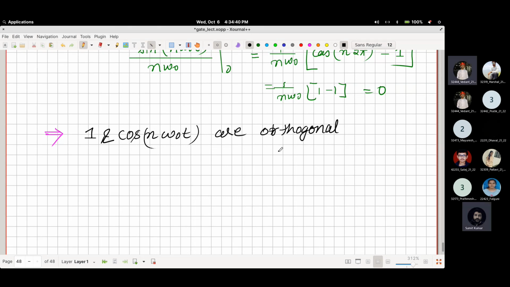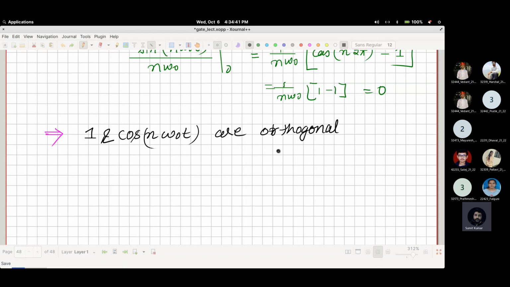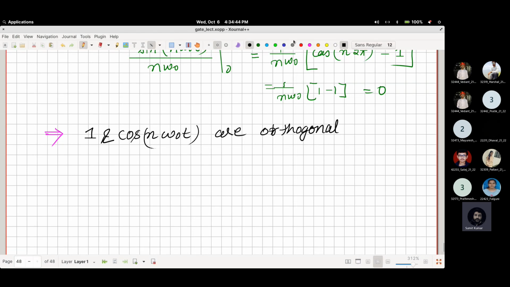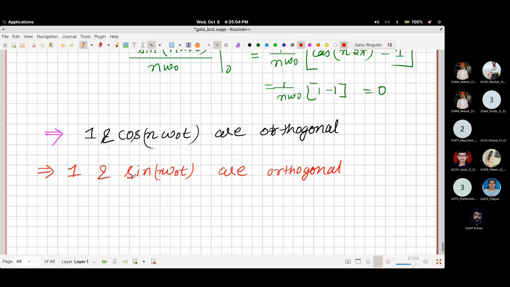Okay. Similarly, you can easily prove that this 1 and sine n omega naught t are also going to be orthogonal. You can say easily, isn't it?